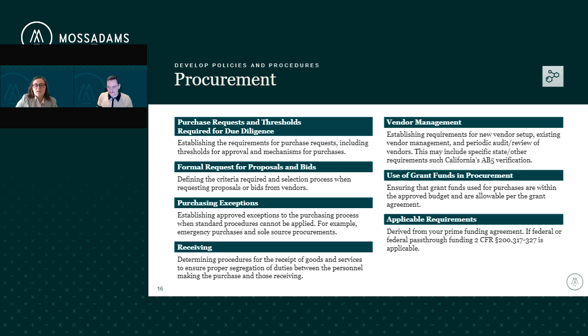There are so many different elements of procurement that it is especially important to have those policies and procedures, and not only have those policies and procedures, but have your team trained on those as well. That's an often one that we find that organizations do not have or do not have a detailed or updated policy on.